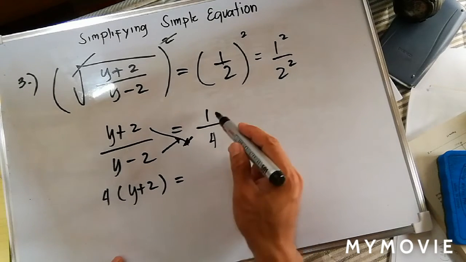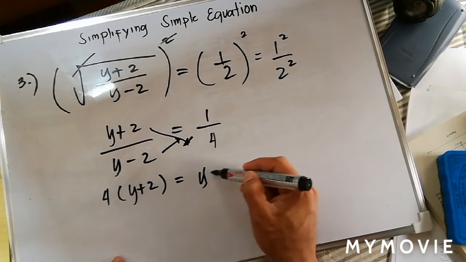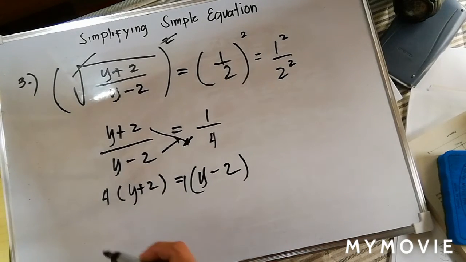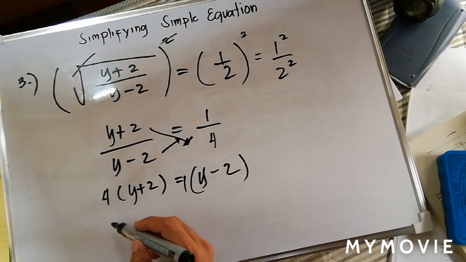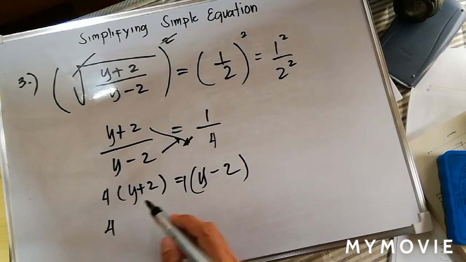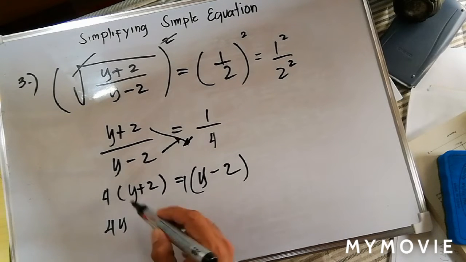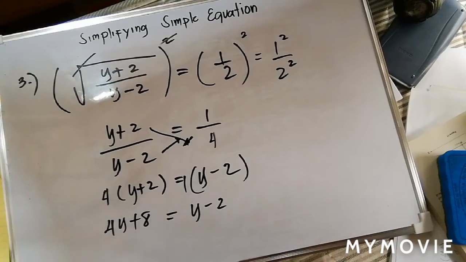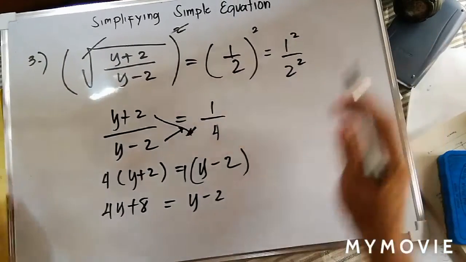Since it's 1, we just copy y minus 2. Using the distributive property, we distribute 4 to the equation: 4y plus 8 equals y minus 2. So we came up with this equation.